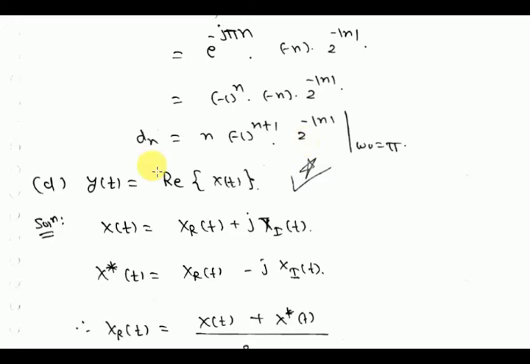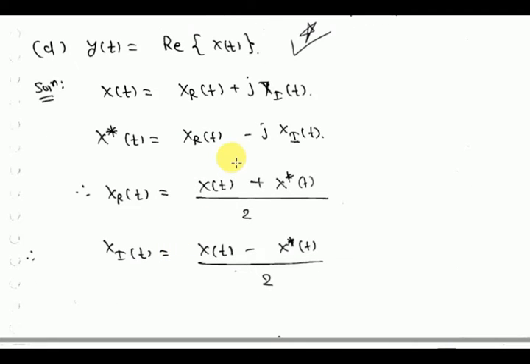Now the next question is y of t equal to the real part of x of t. We have to find the real part of x of t. x of t is composed of a real part plus j times an imaginary part. So you take the conjugate of that signal, and then to find the real part, add them, and you will find the real part like this and the imaginary part like this.